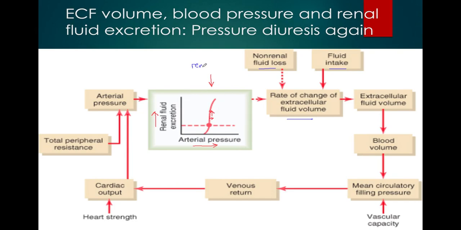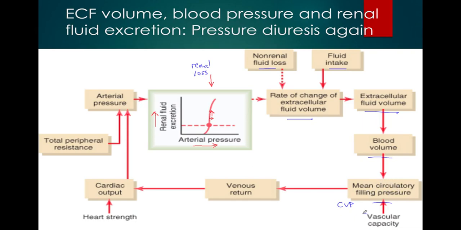Here's renal loss, our diuresis effect. And so obviously that's going to adjust our extracellular fluid volume, which affects our blood volume. Blood volume is one portion of extracellular fluid volume, which changes our CVP, central venous pressure. That's this circulatory filling pressure of the heart.